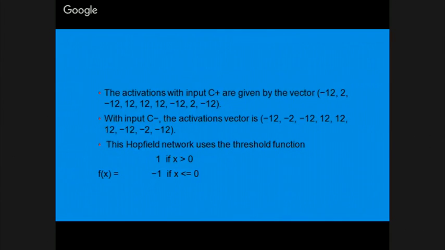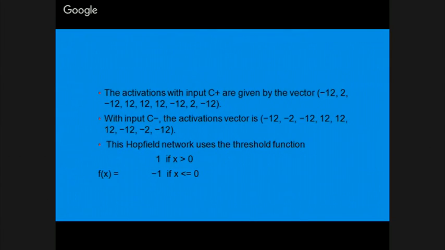The first element is -12. When we apply the threshold function to -12, we get -1, since the function value is -1 if x is less than or equal to 0.